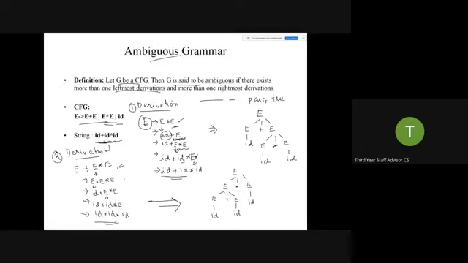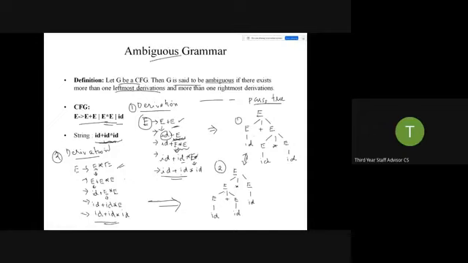Okay, so compare these two parse trees. This parse tree is different from the second parse tree, right? Is it different? Yes.